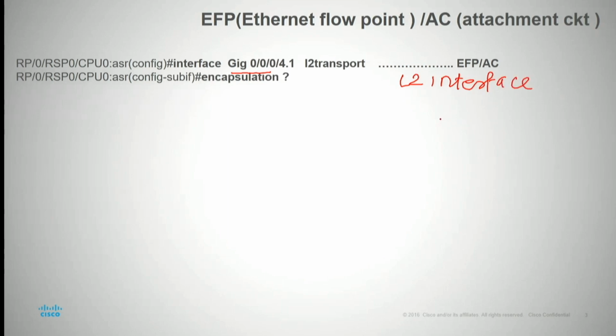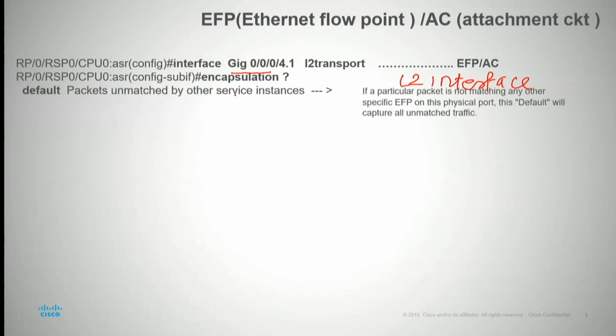Under that layer 2 interface, we have the encapsulation option, where we have many options to configure, like default. Default will match all unmatched traffic. Suppose you have many sub-interfaces configured, like .1, .2, .3.